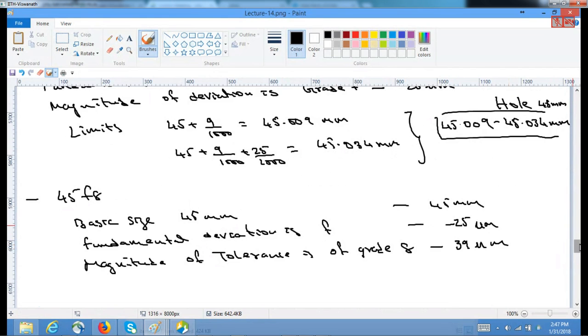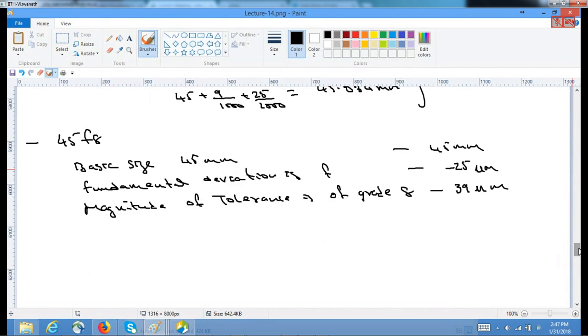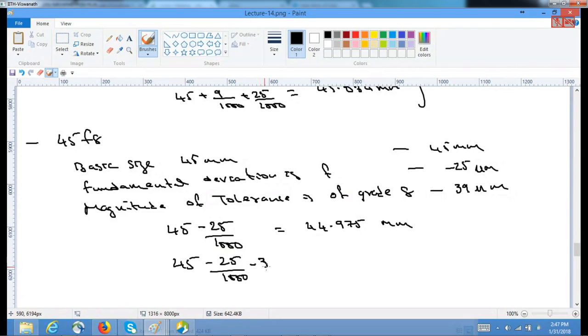So together we know that in this case the upper limit is 45 minus 25 divided by 1000, so 44.975 mm, and the magnitude starts at that point and goes in the opposite direction, so in this case it is 44.936 mm.